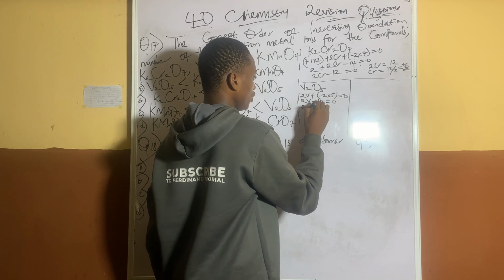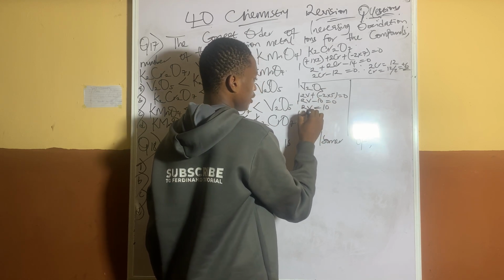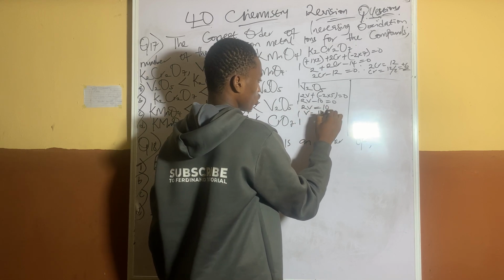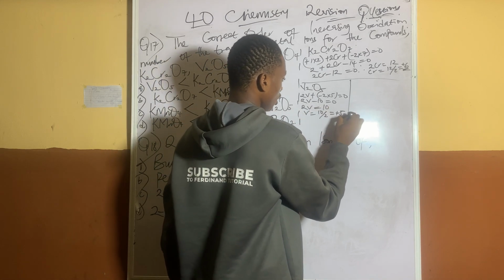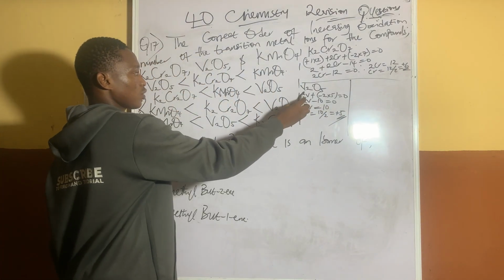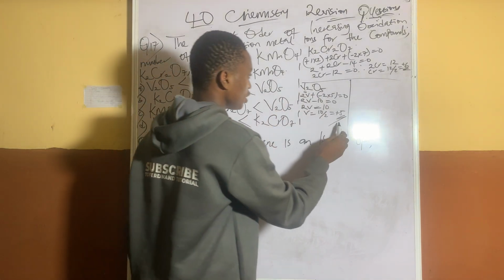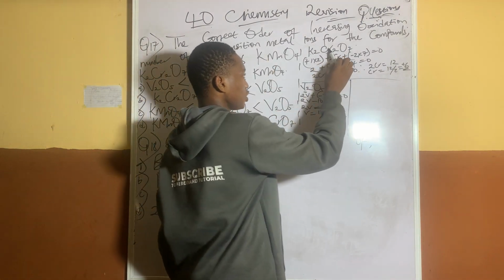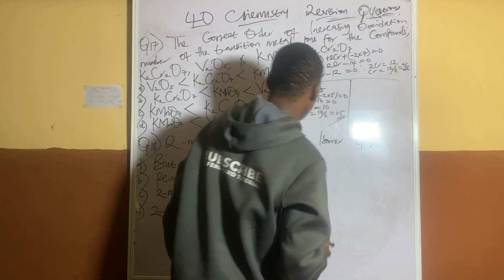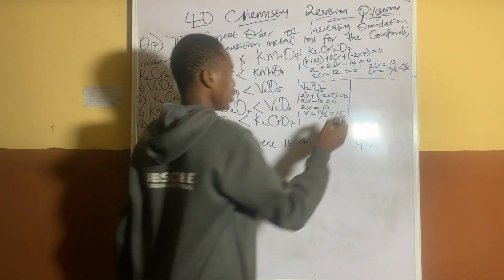That means 2V is equal to 10, and V is 10 over 2, which is plus 5. So the oxidation state of this transition metal V is plus 5, and that of Cr is plus 6. Now let's come to KMnO4.